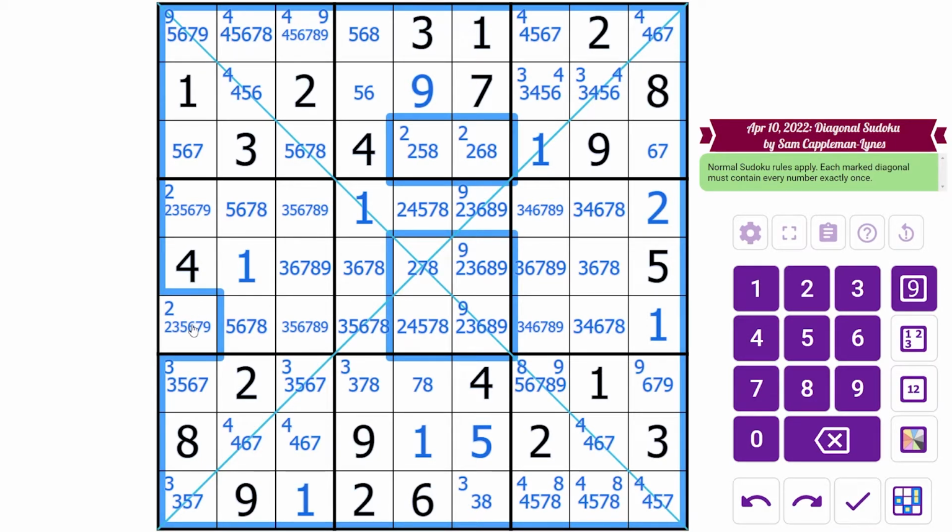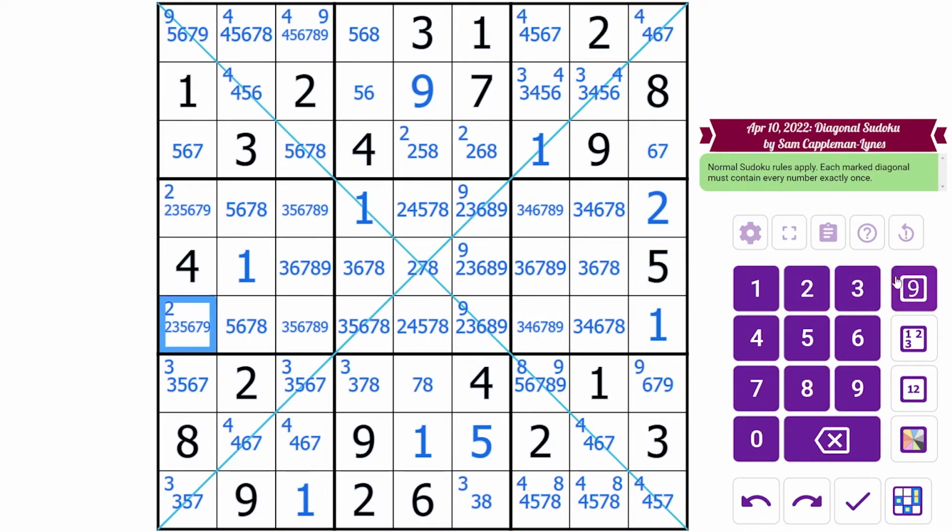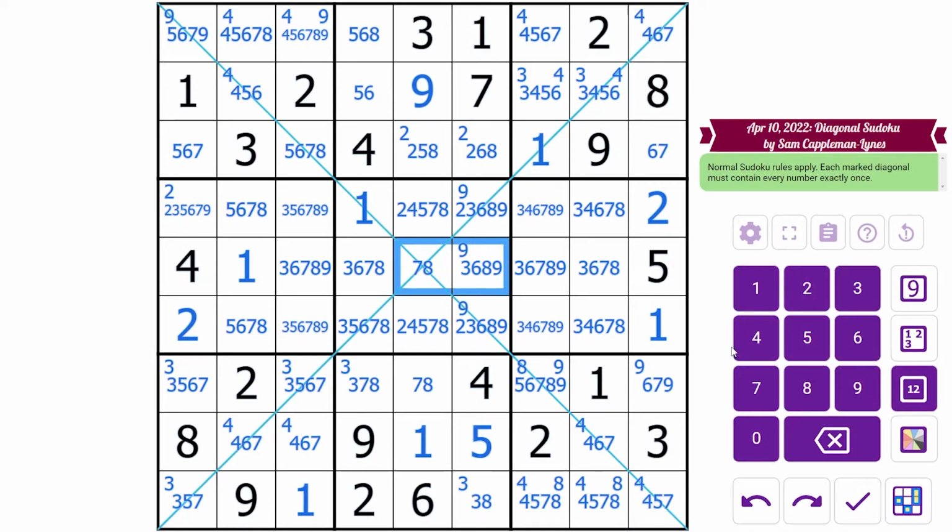That can't be a 2. Yeah, so that's a 2, which puts a 2 there. Okay. So that's a 2. One of these is a 2.